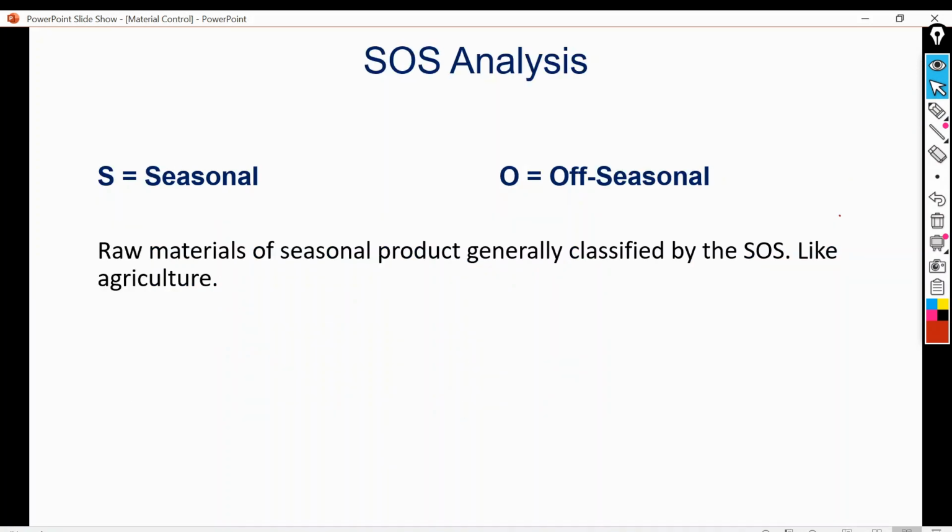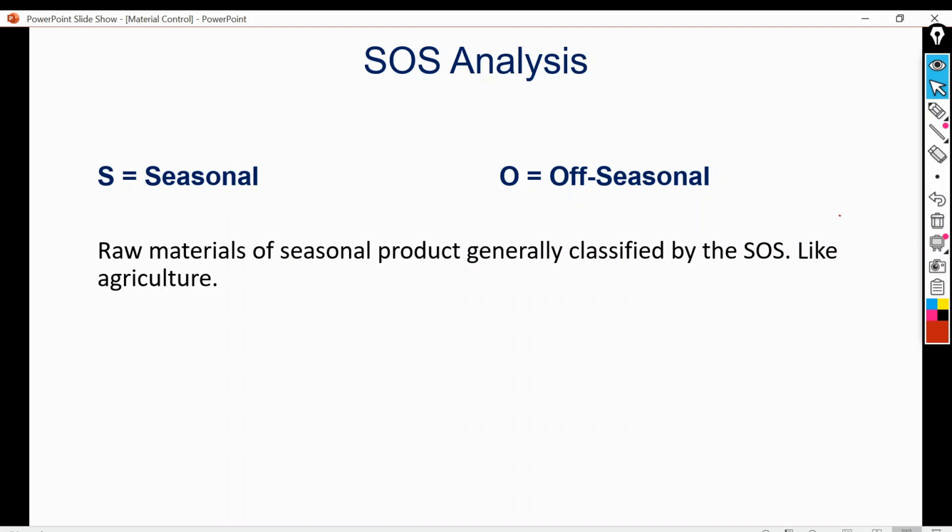After that, SOS analysis. S means seasonal, SOS means off-seasonal. Here we consider seasonal items and off-seasonal items. Raw material of seasonal products is generally classified by SOS, like agriculture or industries like umbrella and winter wear clothing.